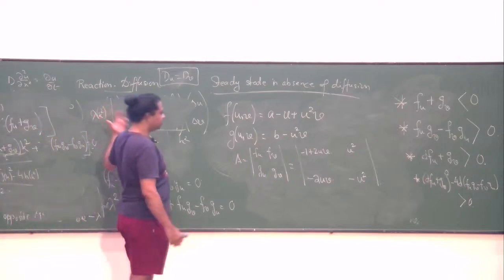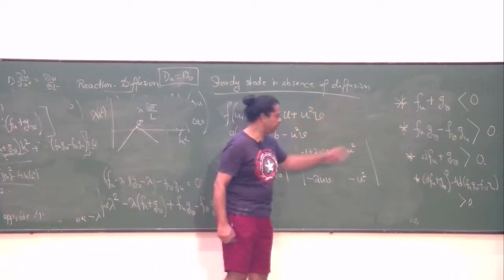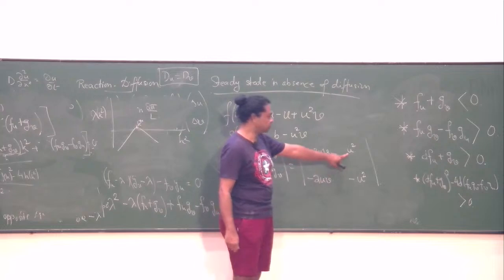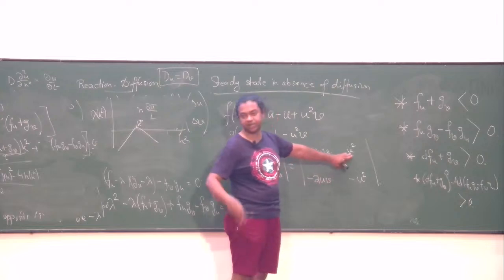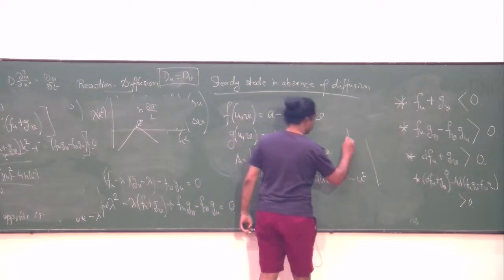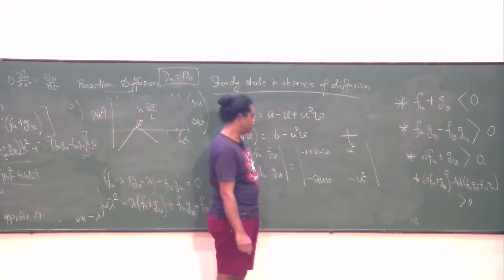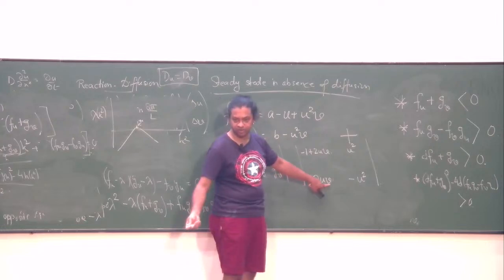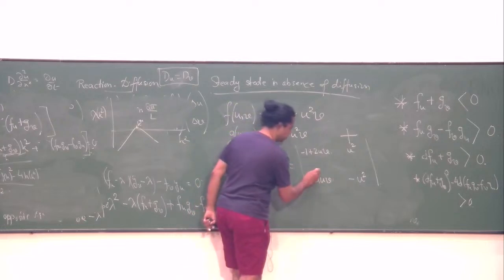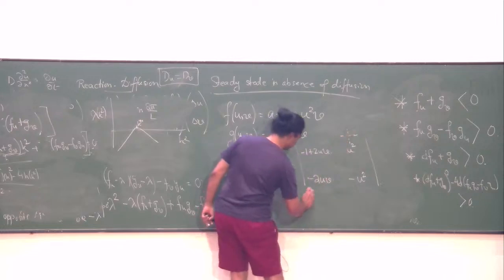Does this satisfy the motifs that we laid out over here? So this is u square. Remember, u and v are concentrations of these two chemicals, so they are positive. So u square is always positive, and what I have over here is a plus. Minus 2uv is negative because u and v are themselves positive. Let me write the motif separately down below.